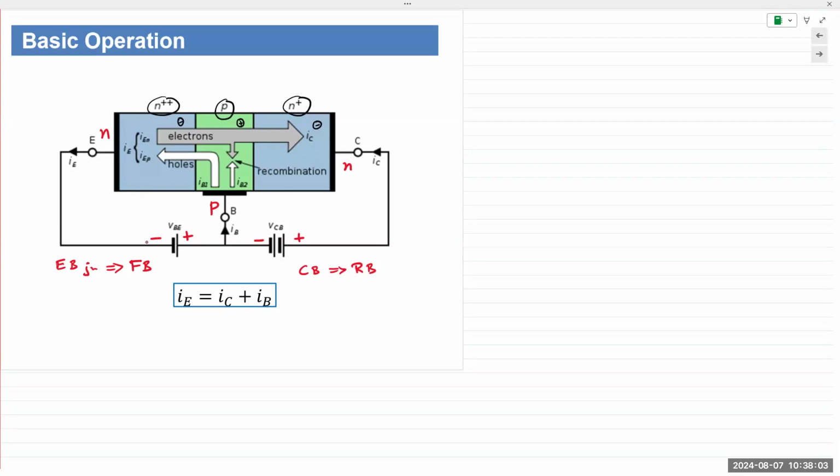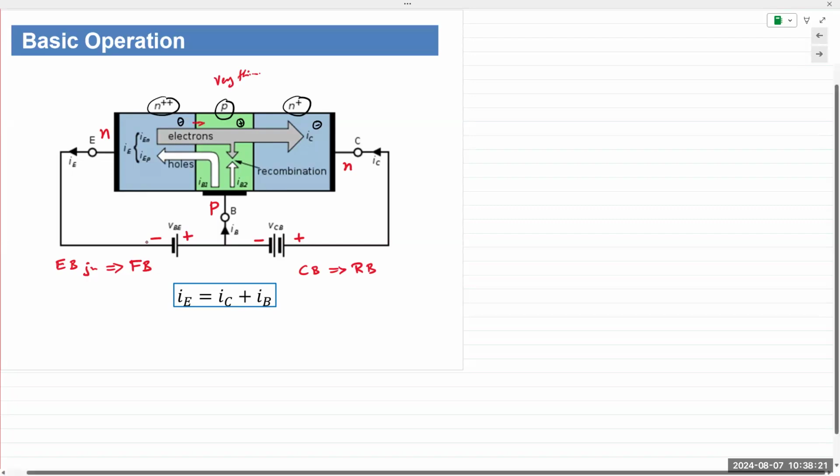So we would expect if it's reverse bias, there shouldn't be any current coming out of it. But due to the actual physical construction, and again, repeating that the base is very thin, the forward bias PN junction on the left will send a huge amount of electrons flowing across the first junction into the base.